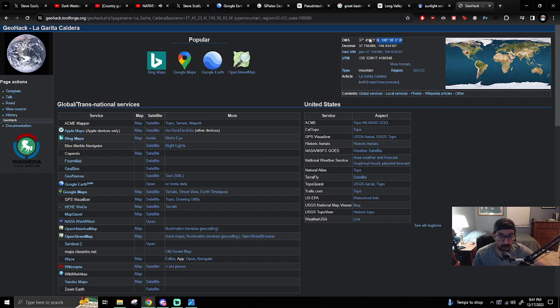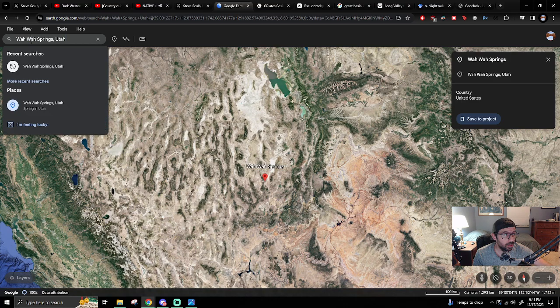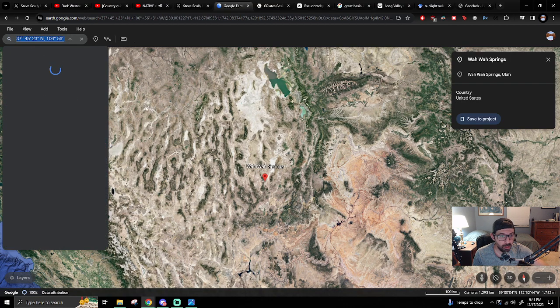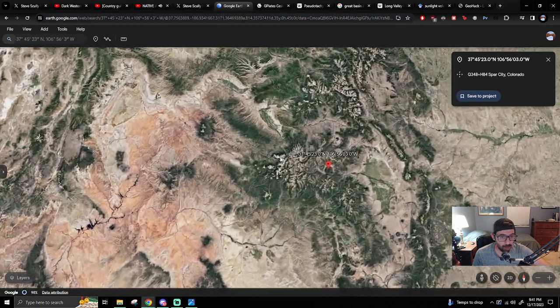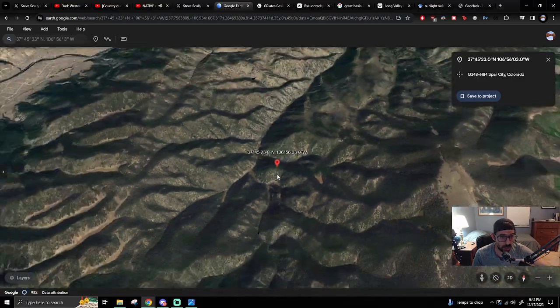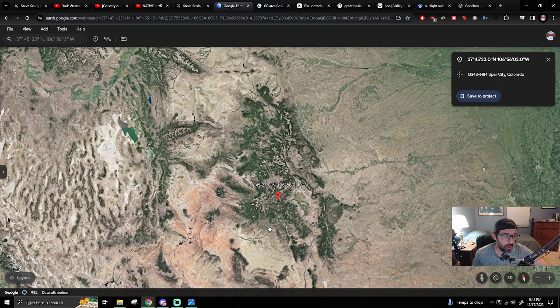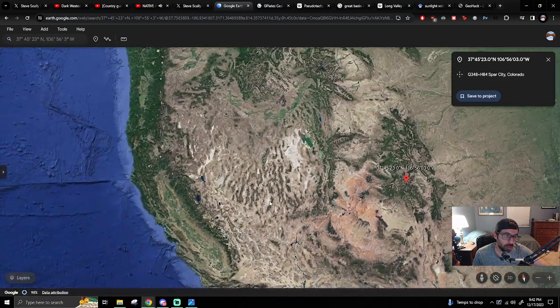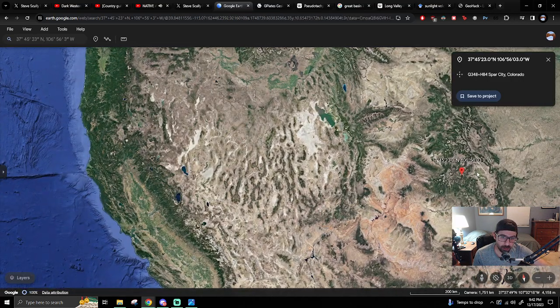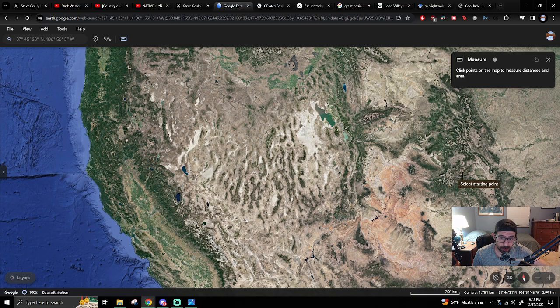This one's got coordinates. Let's see. Oh, it's way over there. Relatively in that same line, though, if we go from there to Long Valley.